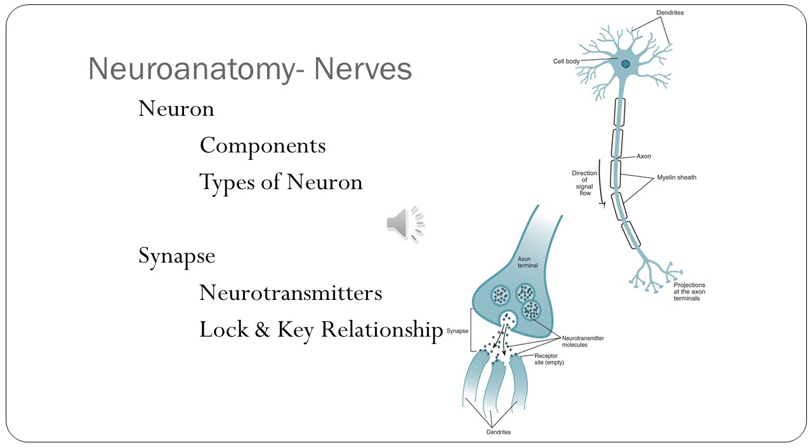There's what they call a lock and key relationship. In the picture, as a basic representation, you have your neurotransmitter molecules getting released. That chemical neurotransmitter is getting sent into the space. If you look at the tip of the dendrites, you have those little spaces where the receptors fit in. Those are the receptor sites.